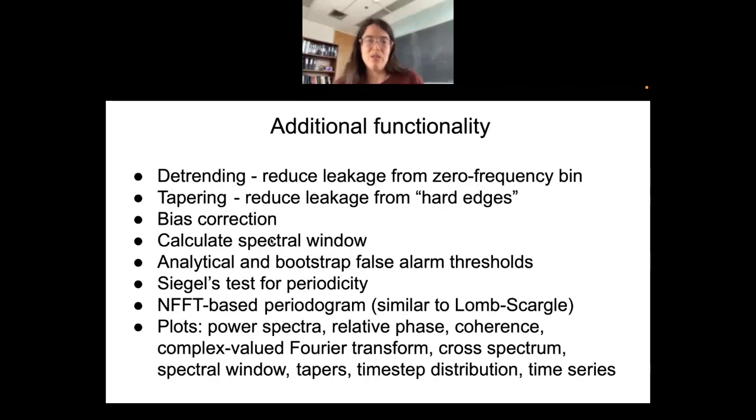You can calculate spectral window. You can calculate both analytical and bootstrap false alarm thresholds on your coherences. You can do a statistical test for periodicity, the Siegel's test. You can do a periodogram if you just want to compare with Lomb-Scargle. It's actually based on the NFFT, but it's similar to Lomb-Scargle. And then anything that you compute, you can also plot. And so that's it. Thank you.